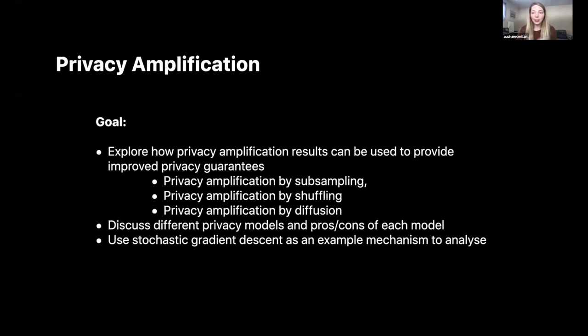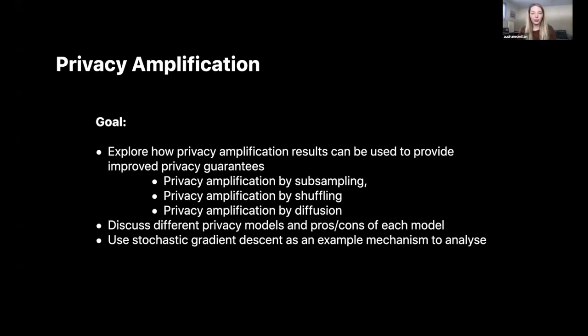All of these techniques come with their own privacy models and some assumptions you need to make. We'll talk about the pros and cons of those models. Throughout the talk, I'm going to use stochastic gradient descent as my example of a mechanism that I can analyze using all of these different techniques. We'll see some trade-offs we need to make to improve the privacy guarantee of stochastic gradient descent, which in turn, of course, improves the utility guarantee.